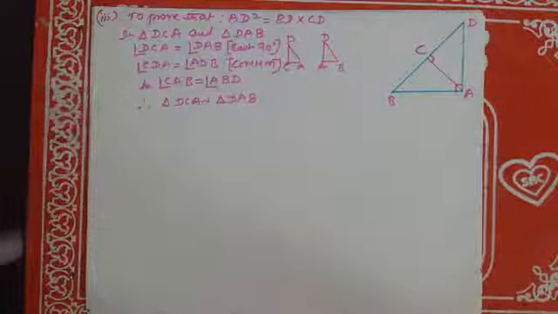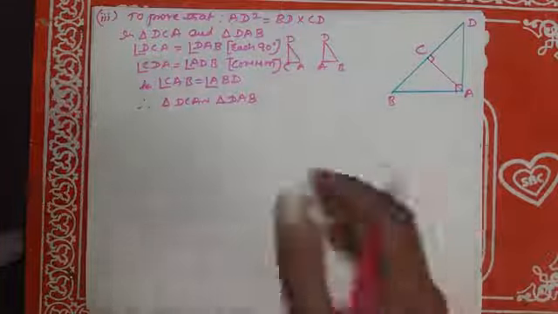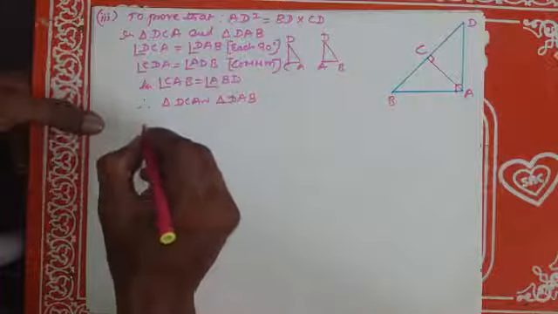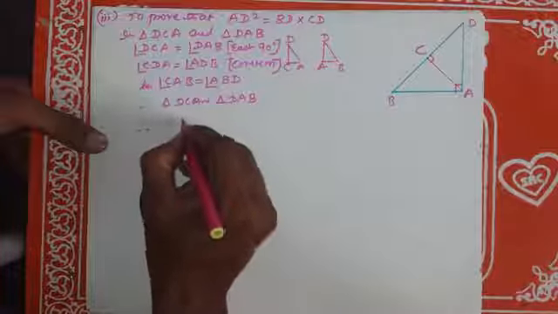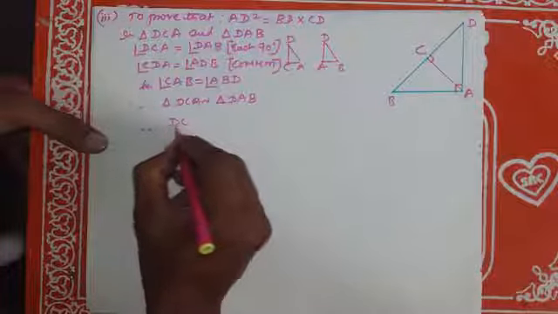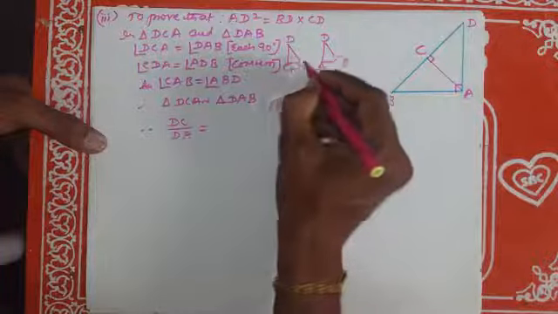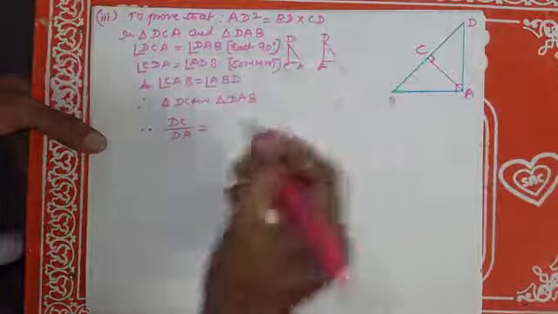Now write it. We know that corresponding sides of similar triangles are in proportion. Therefore, DC by DA is equal to DA by DB.